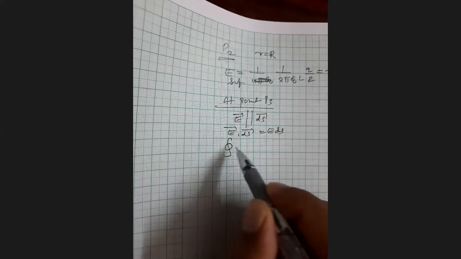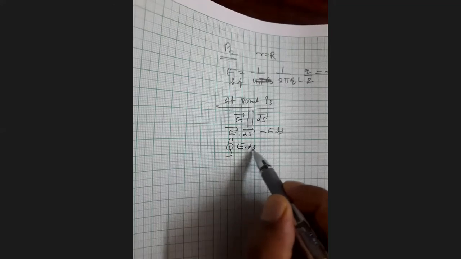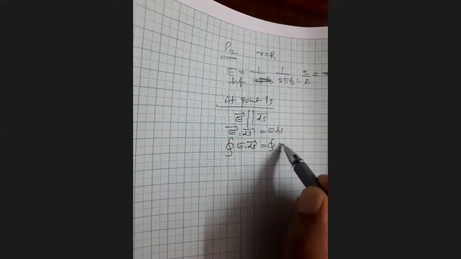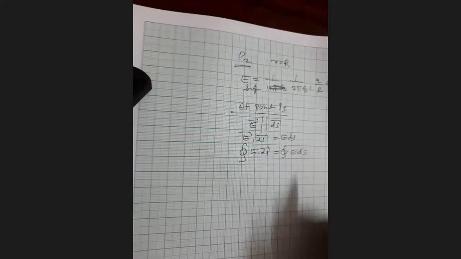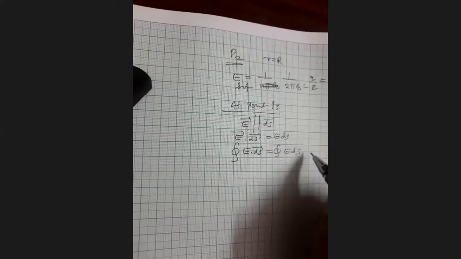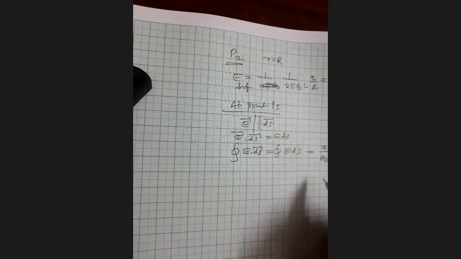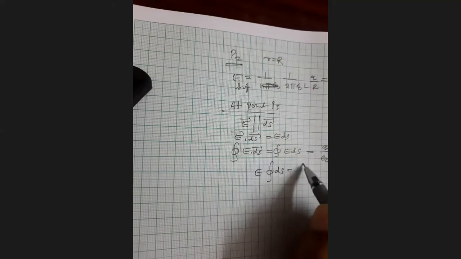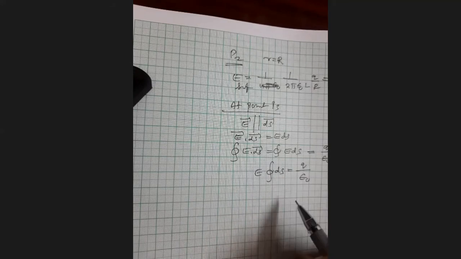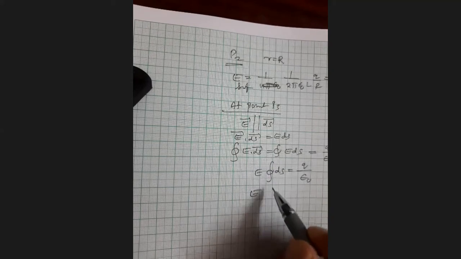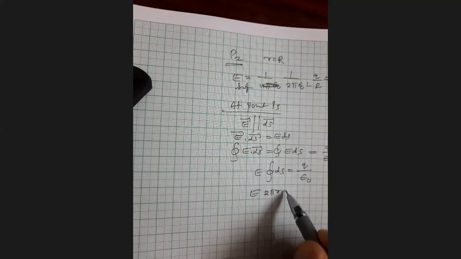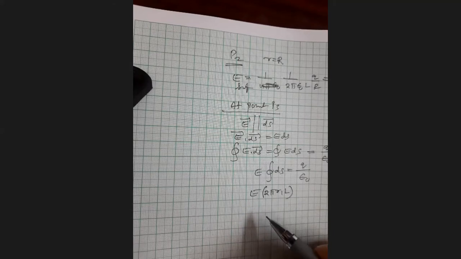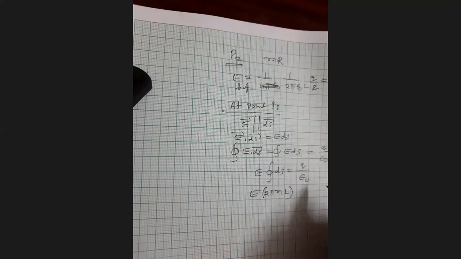Therefore the flux through that closed surface, closed integral E ds, equals Q enclosed by epsilon naught according to Gauss law. E times the total curved surface area 2 pi r1 L, because the radius of the inner cylinder is r1.